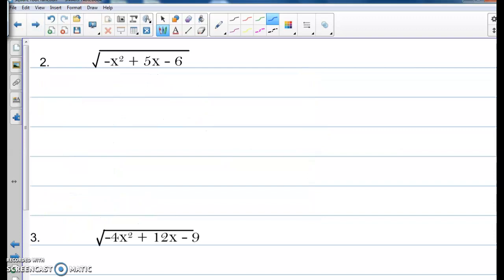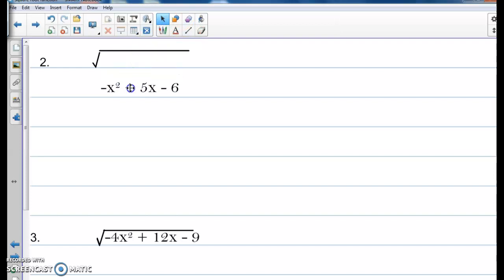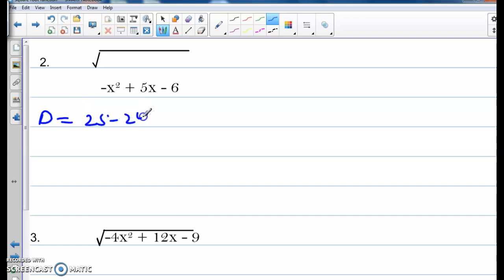Similarly, in this question, what is d? D is 25 minus 24 equals 1, minus d by 4a is coming out to 1 by 4. Therefore, a is negative here, so its range is from minus infinity to 1 by 4.